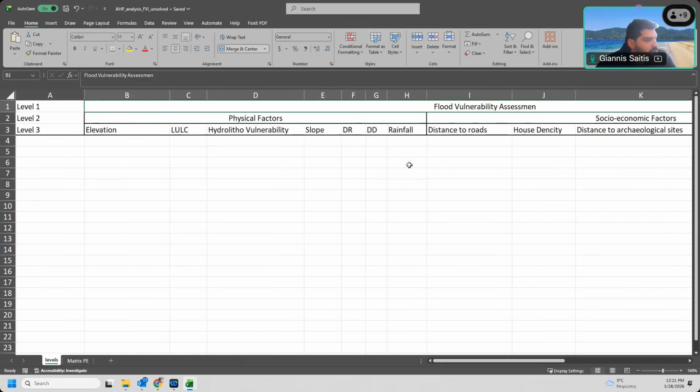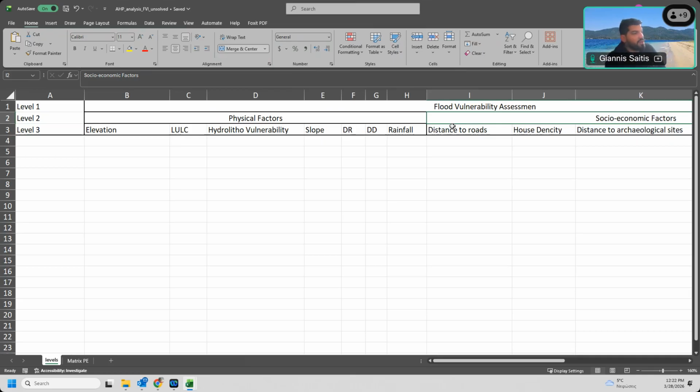For this, we need two factors: the physical factor, the perspective from the part of the land, and the socioeconomic factors, those who affect the people. So this is level two. And for each of them, we need to identify the criteria. Some of them may have the same criteria, but different weights.